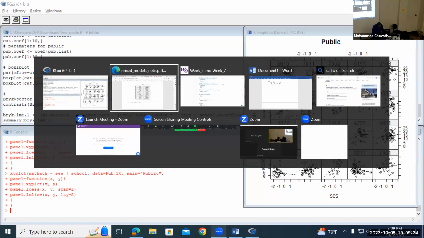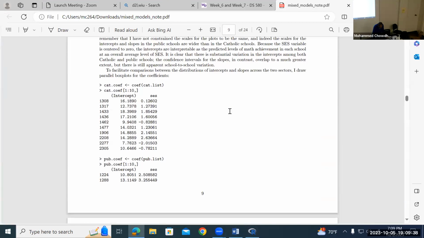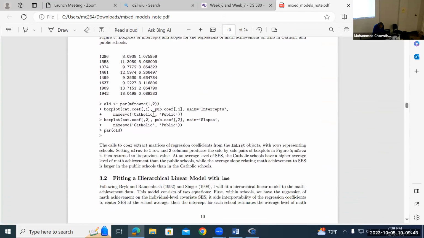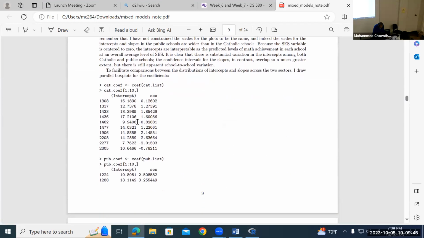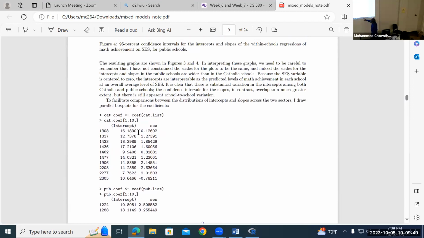So the most important thing is that you must read all of these things, and here you are getting the intercepts of the 20 models, something like that. So this is the value: the school that has this intercept, the school that has that intercept. I took 20 schools, but here I am showing just 10.